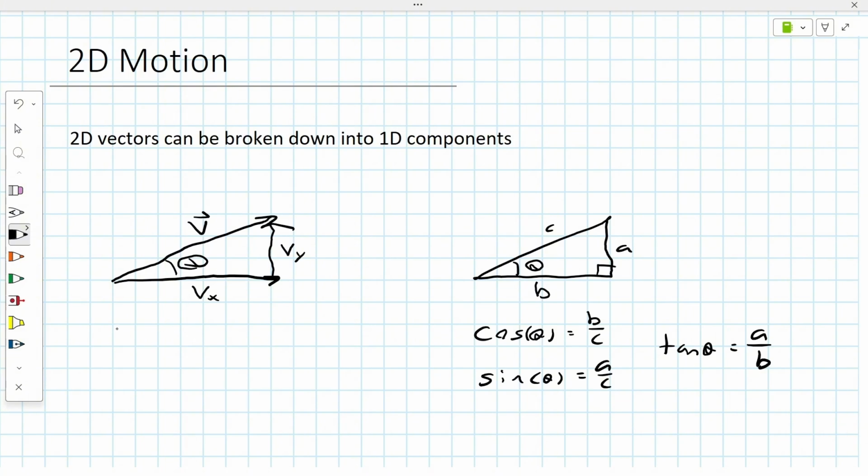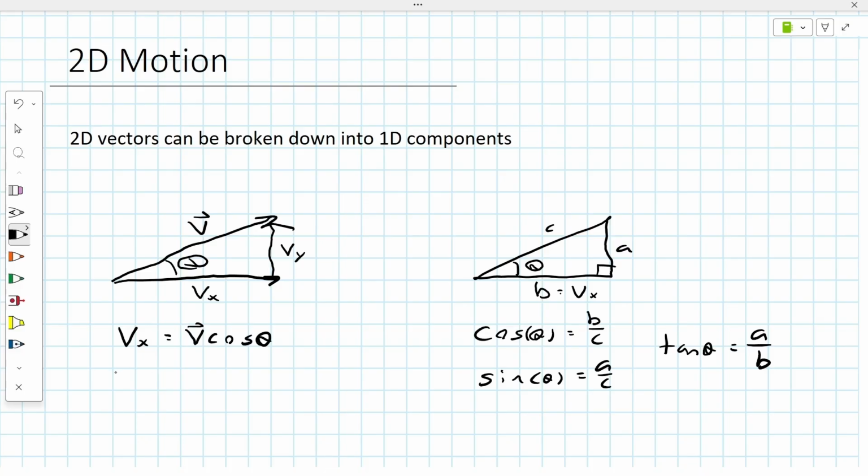So vector v sub x will be equal to, in this case, this is what v sub x is. If we multiply this c to the other side to solve for b, we would get c, which is the hypotenuse, which is just the total vector v, times the cosine of theta.